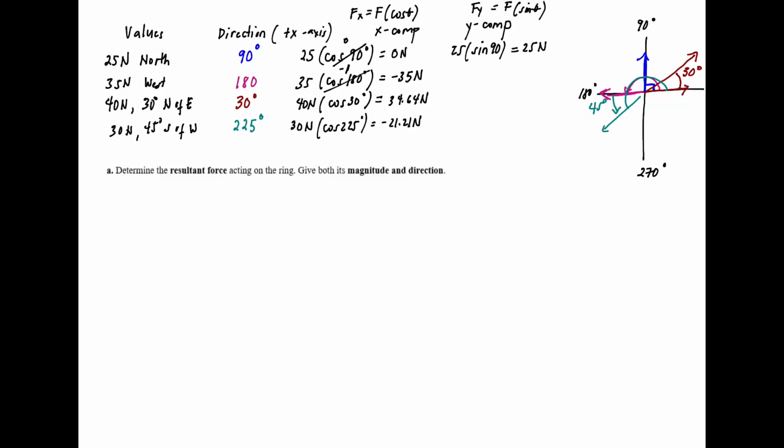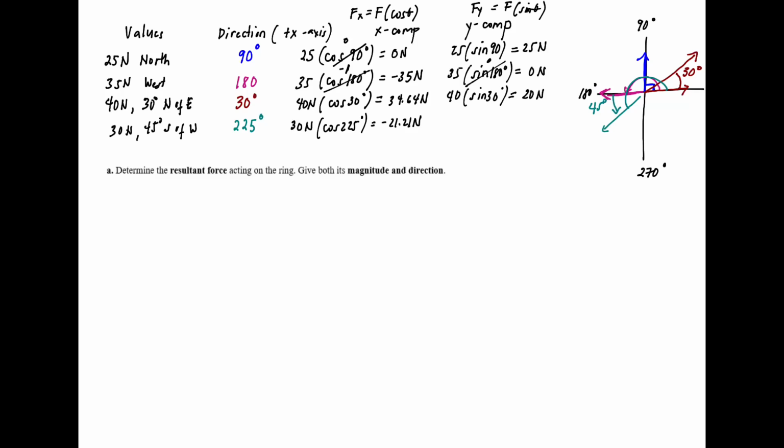Next, we're gonna have 35 Newton multiplied to sine of 180 degrees. And the sine of 180 is 0, so this one is 0 Newton. Next, we have 40 multiplied to sine of 30. And sine of 30 degree, that is a special angle, that is 0.5, and that is 20 Newton.